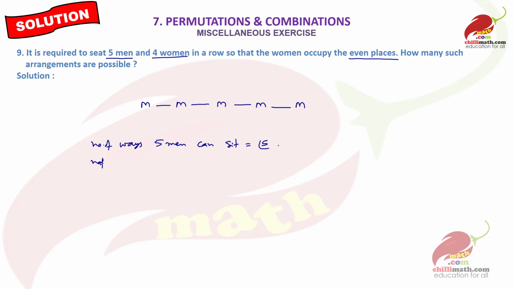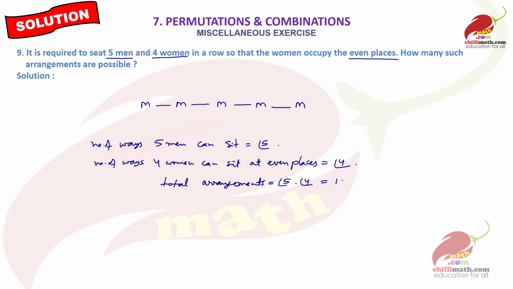So number of ways four women can sit at even places is equal to 4 factorial ways, and total arrangements equal to 5 factorial into 4 factorial, that is 120 into 24.